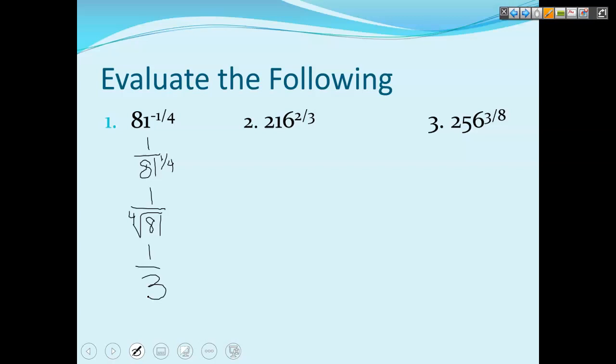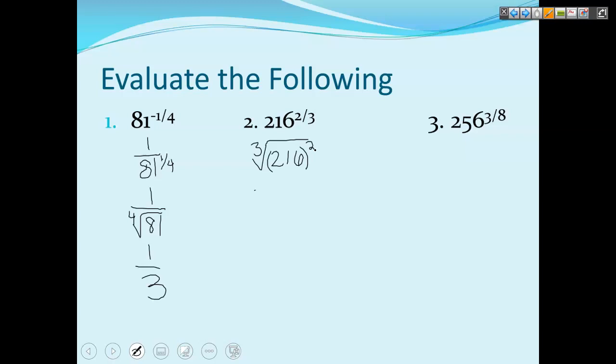So if you are asked to evaluate, you are simplifying. 216 to the 2/3. So what happens is everybody falls into the pattern of, okay, that's the cube root of 216 squared. But remember I said there are times it is helpful to not put the square inside and to put the square outside.